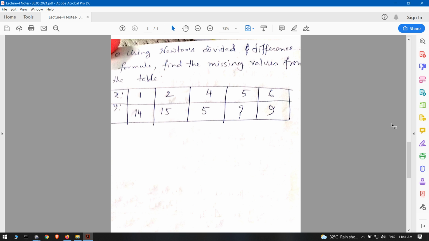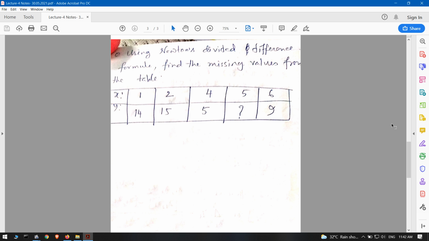Second, 5 minus 15 divided by 4 minus 2, equal to minus 5. Next, 9 minus 5 divided by 6 minus 4, that is 2.